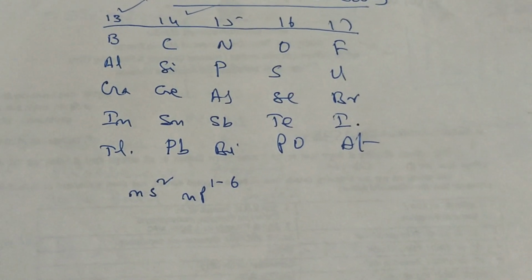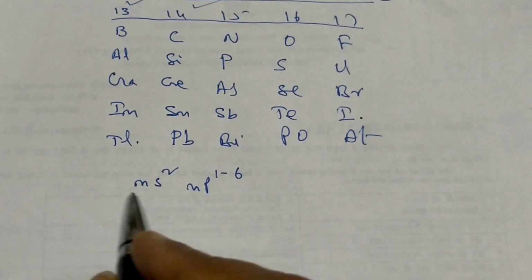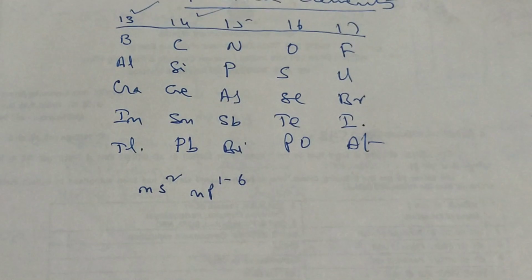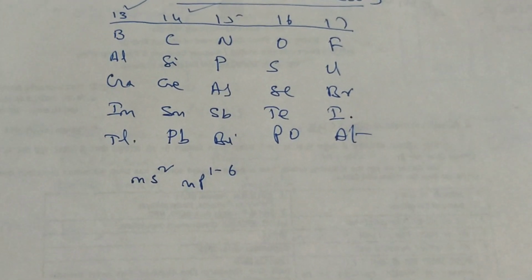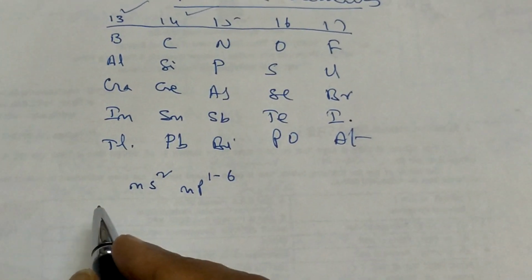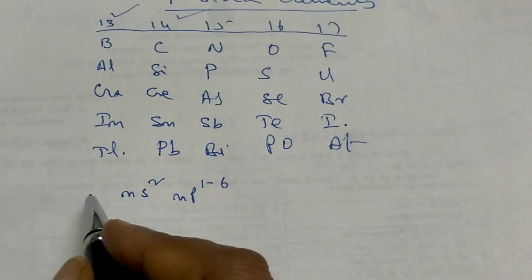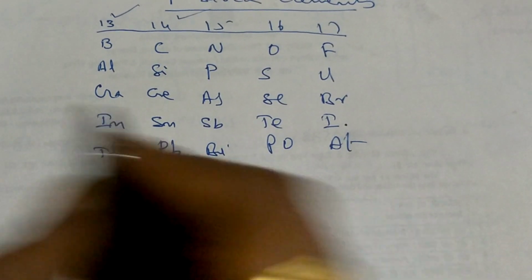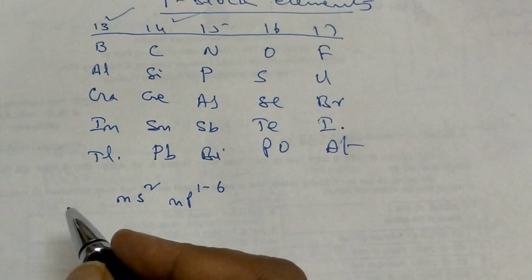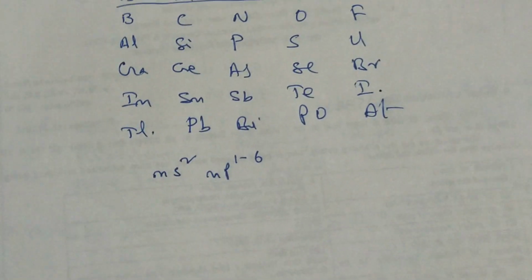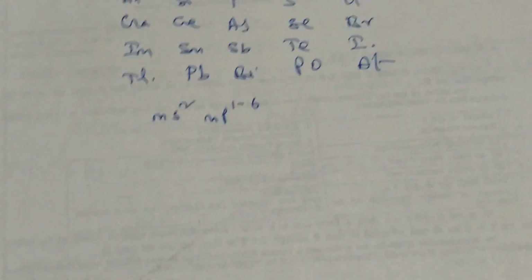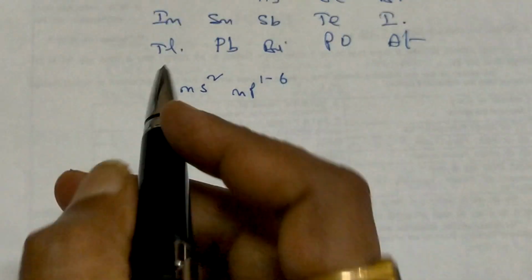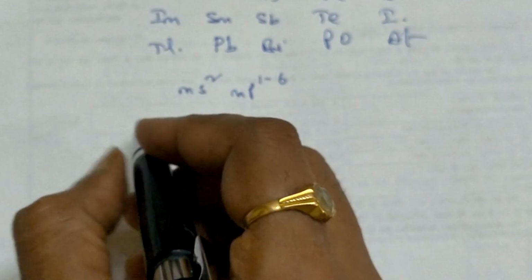Here we will consider one by one: what is the oxidation state, what are the variations other than the normal oxidation state, and how the variations compare to the S block. Now the first, group 13, we will take.